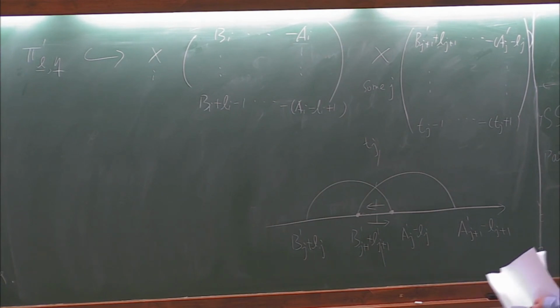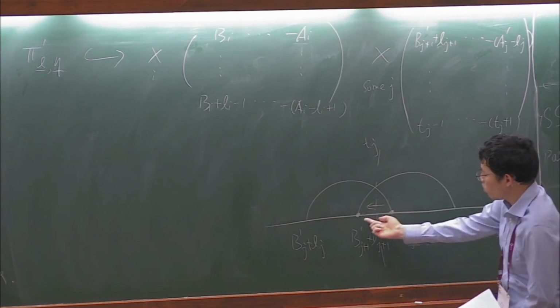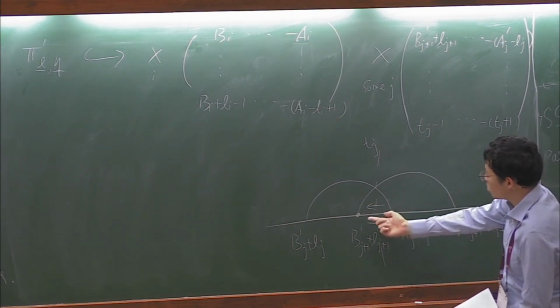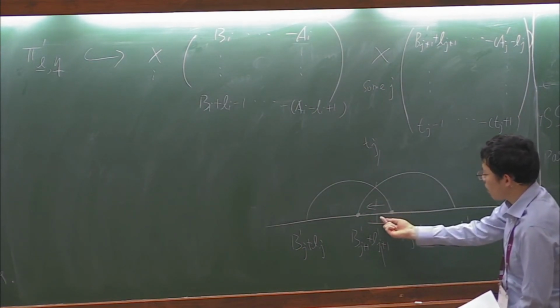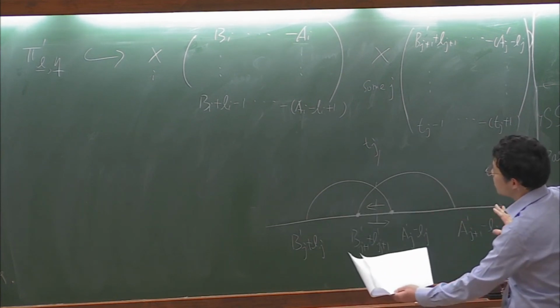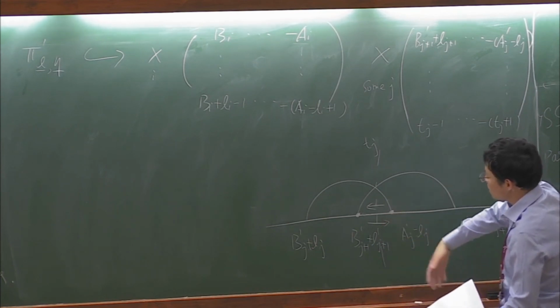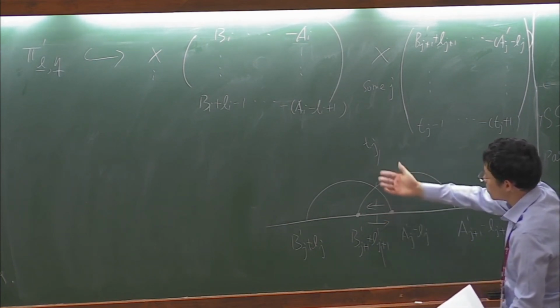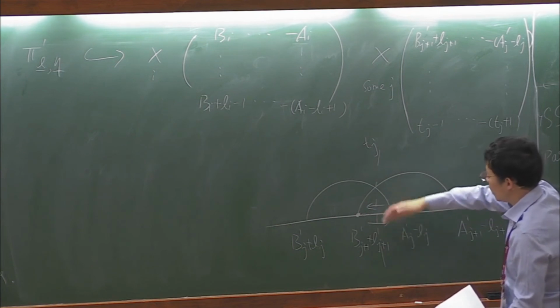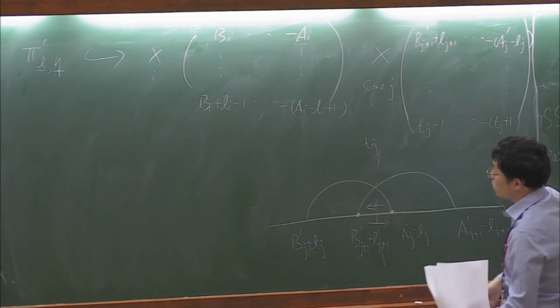And once you do this process, eventually these two endpoints will cross this middle line and they don't intersect, or they will come to the middle point. So either you will separate these intervals, or they will just intersect at the endpoint. And then you just collect all the points in the intervals. They may have multiplicities when they intersect at the endpoint, but again, you just count the multiplicity.